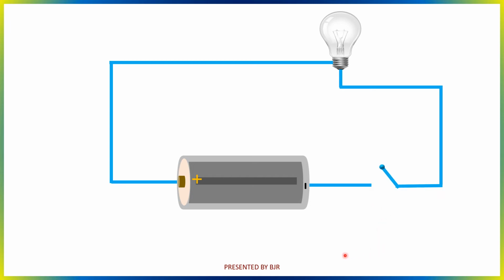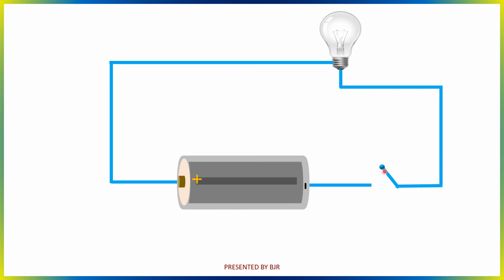So here the bulb is connected to a battery with the connecting wires, and this is a simple circuit in which battery is there, bulb is there, and connecting wires are there. But this simple circuit is an open circuit. In an open circuit, current will not flow.